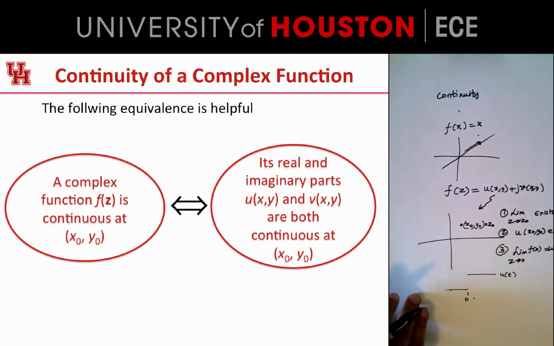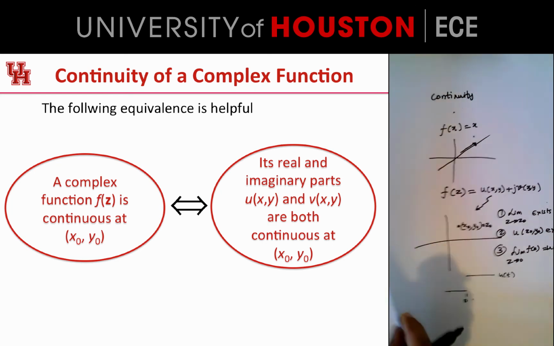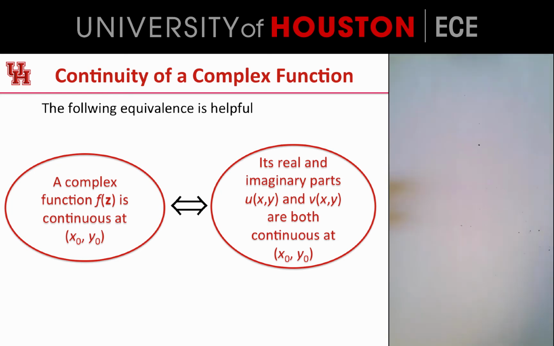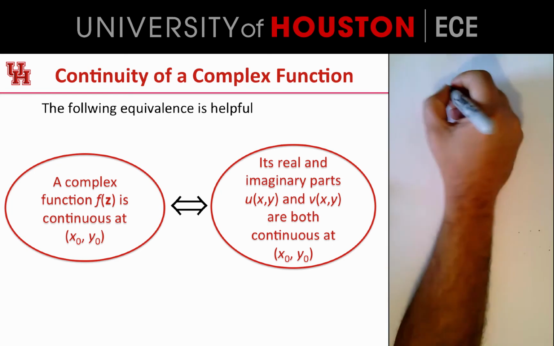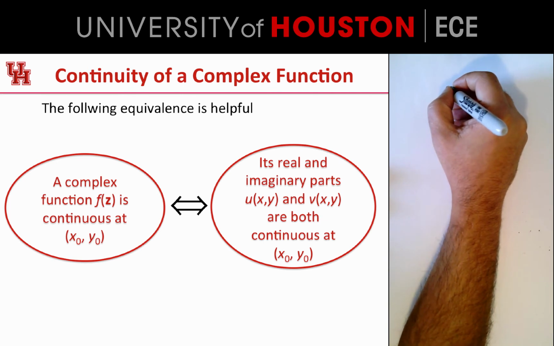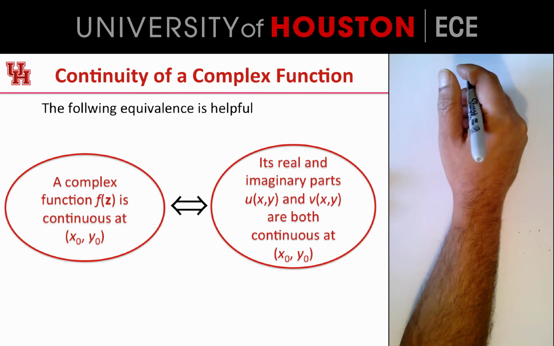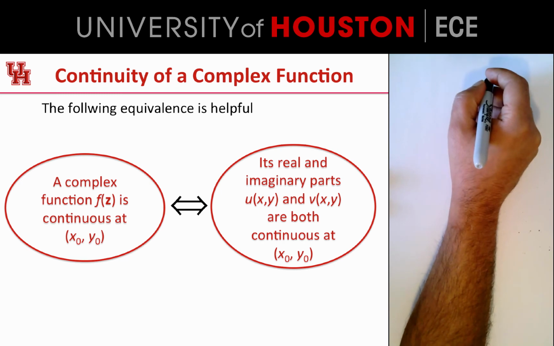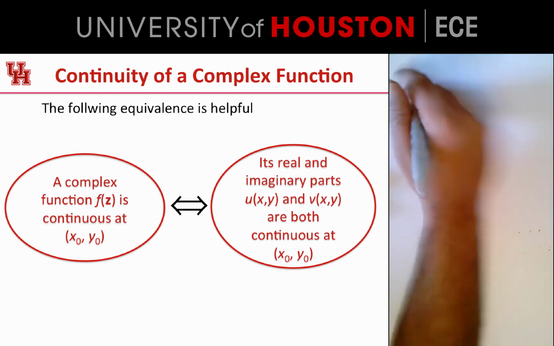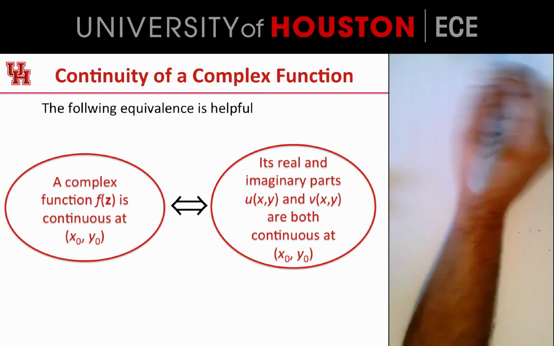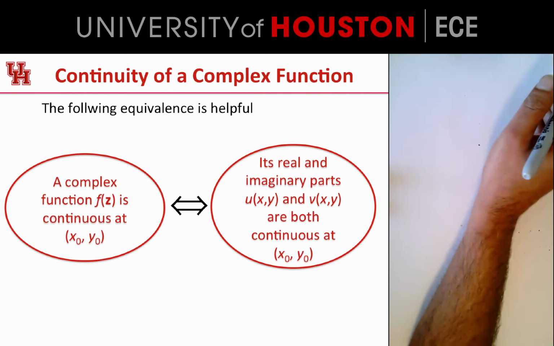Now, there are also some nice theorems that help us deal with the continuity of a complex function. A complex function is continuous at a point x naught, y naught if and only if its real and imaginary parts are both continuous.